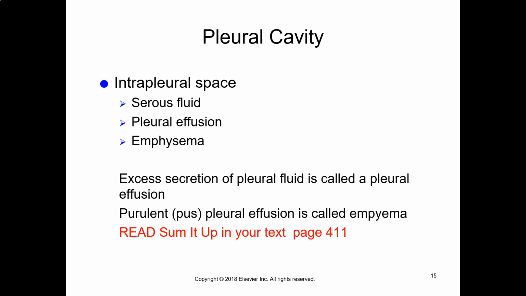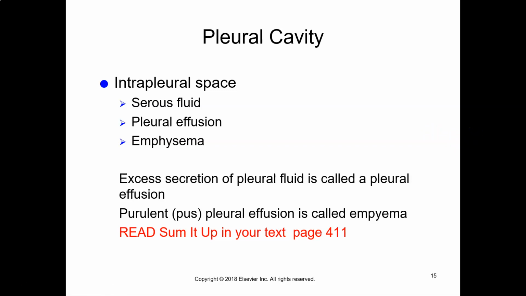And that's a pleural effusion. Then you get pus, and it's called empyema. And that patient will probably be in ICU more than likely. They'll have a chest tube also. But you need to understand what the visceral and parietal pleura are, and where they are.